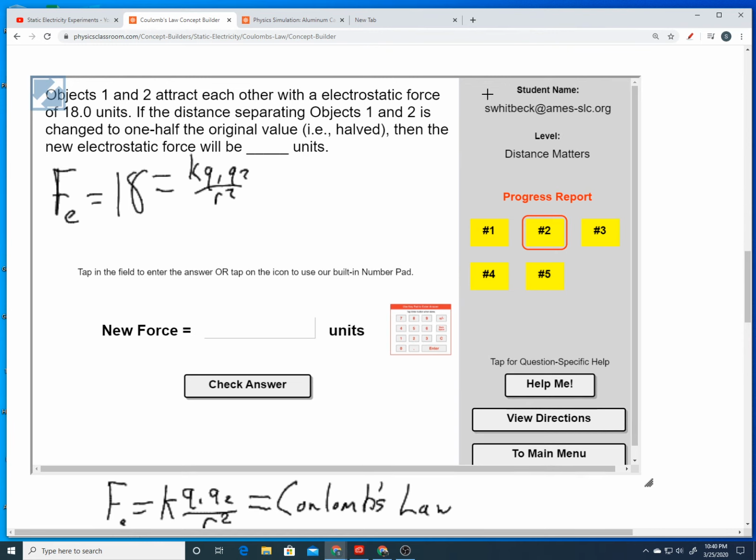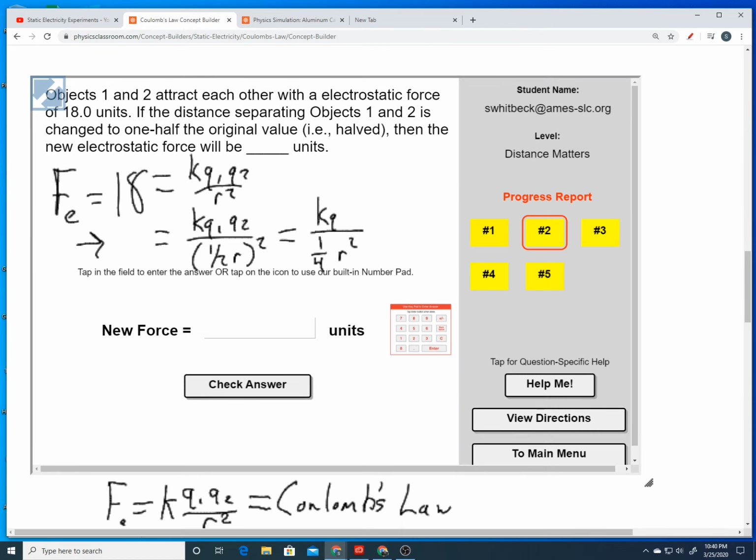If the distance separating the objects is changed to 1/2, so our charges are left alone but now we have half of the radius, how will that change our new electrostatic force? We see that this 1/2 is inside a square, so we can go ahead and square the 1/2 and the R. 1/2 squared is 1/4. R squared is R squared.